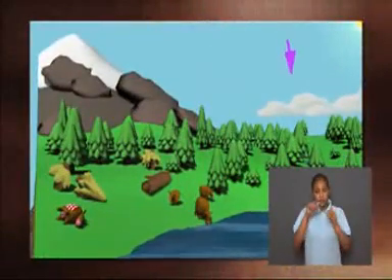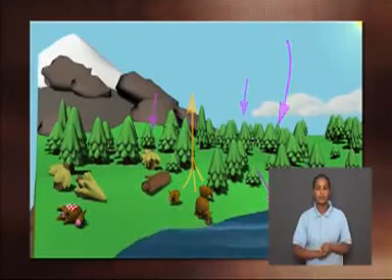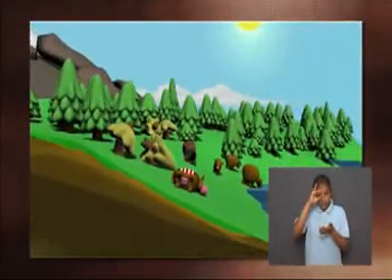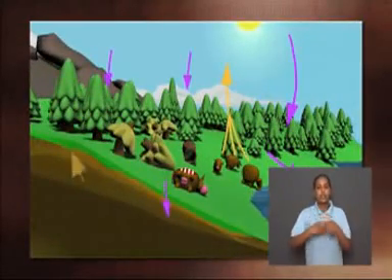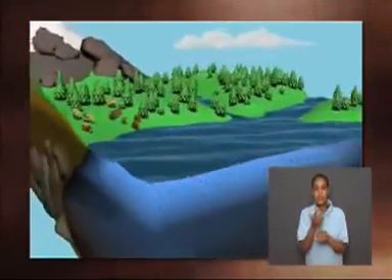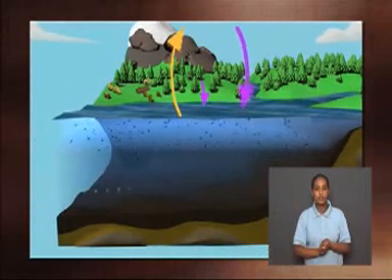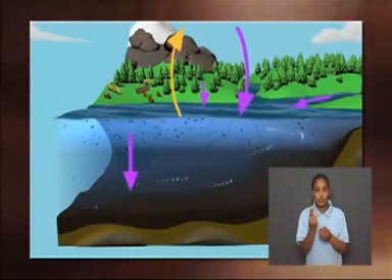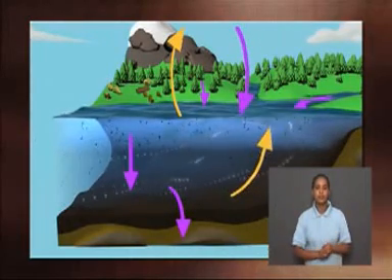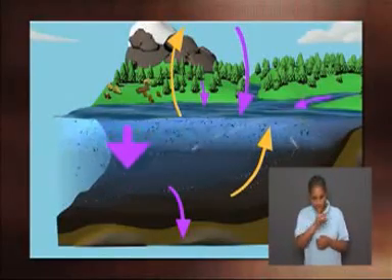In today's lesson, we defined the term fixation. We learned that it is a process in which a previously volatile substance is changed into a form that can be used by an organism. We also discussed the carbon cycle.